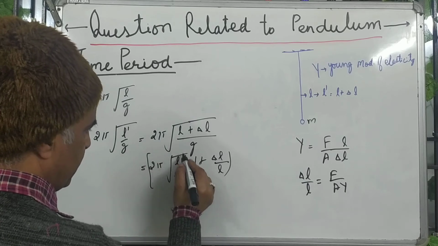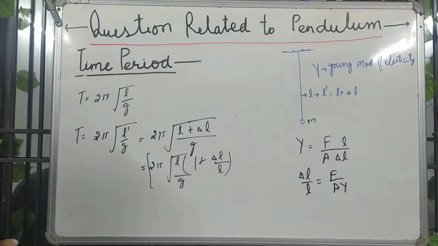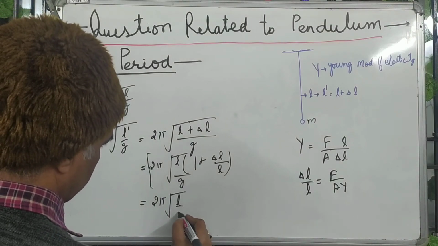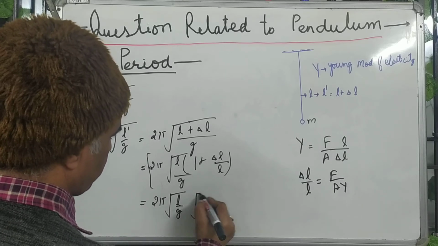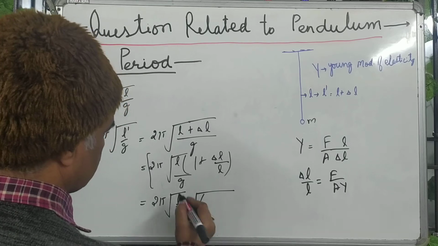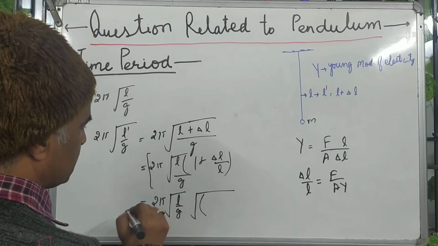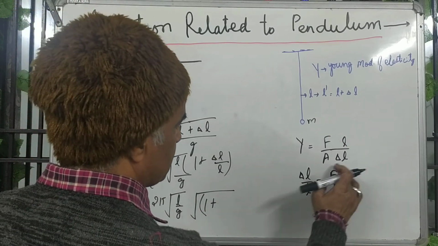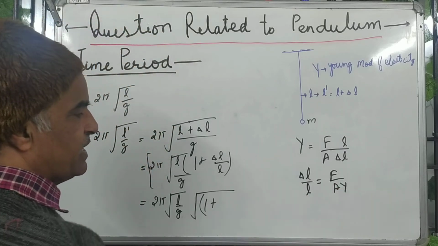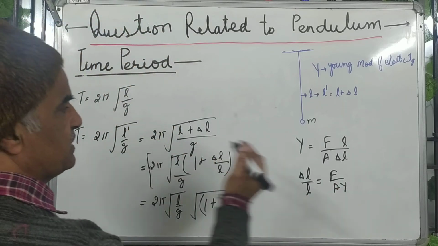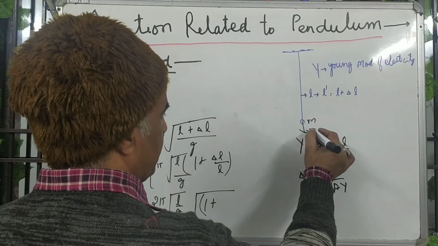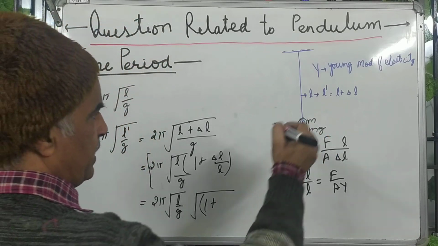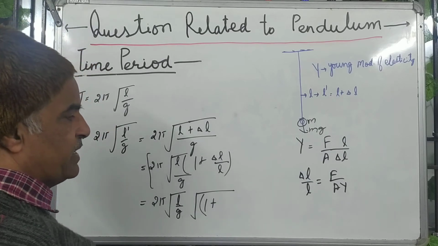This is time period T, which is 2 pi root L upon g and root of 1 plus delta L upon L. Here you may write force F. F is mg acting downwards, the weight of the pendulum, and the area of cross section of the wire is pi r square.